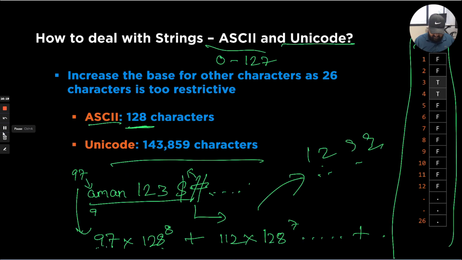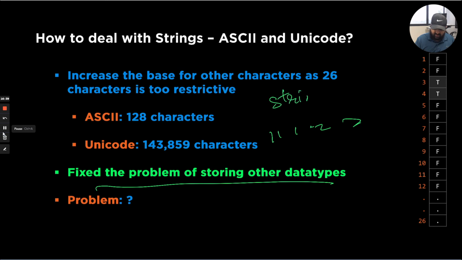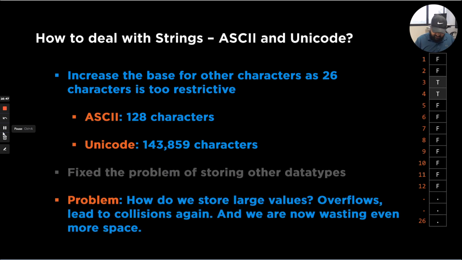So this is how we solved the first problem, which is we fixed the problem of storing other data types, so we can store any data type. But now the problem is that the value we get from this hash function, where we converted these strings into integers, is so large that we have to deal with the problem of overflows.